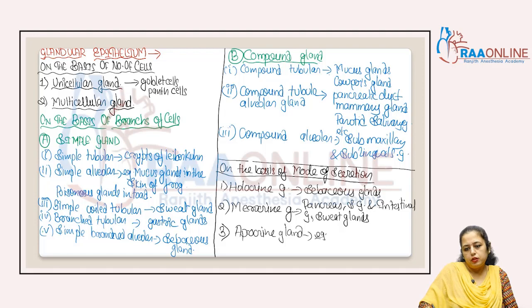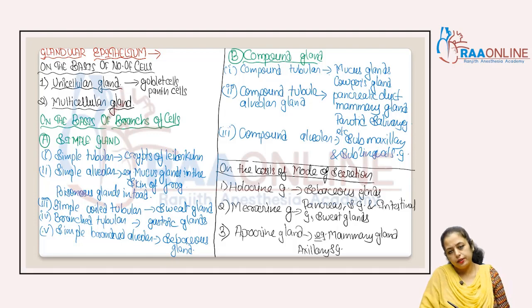Apocrine examples are the mammary gland and axillary sweat gland.